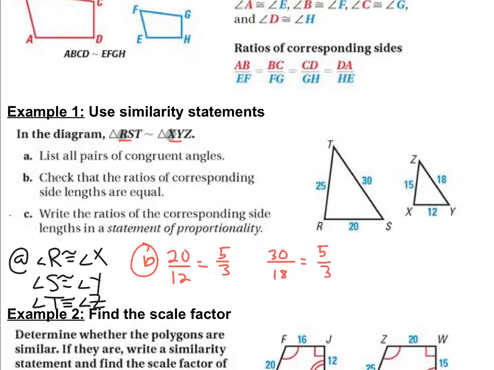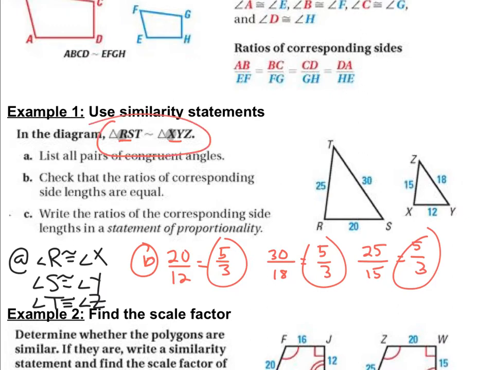And last but not least, we will do TR. TR is 25, and ZX is 15. 5 goes into both of them. We get 5 over 3. So by these all being the same, we know that this similarity statement is true.